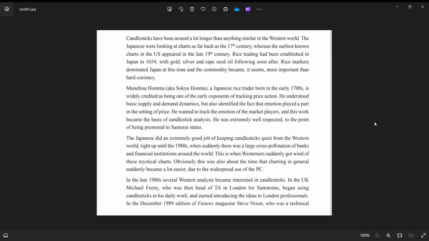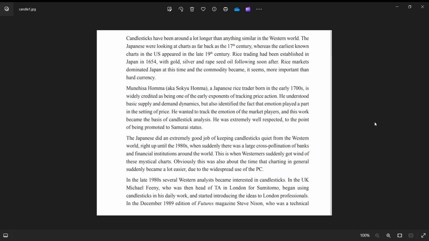A lot of authors write about this great man. He was able to make his research while he was trading, as some people demanded rice more than gold and silver. You understand? He understood the concept of supply and demand and its dynamics.